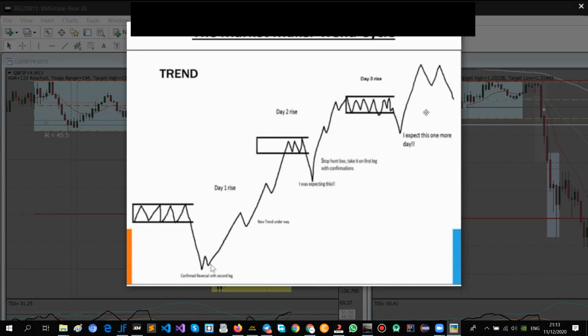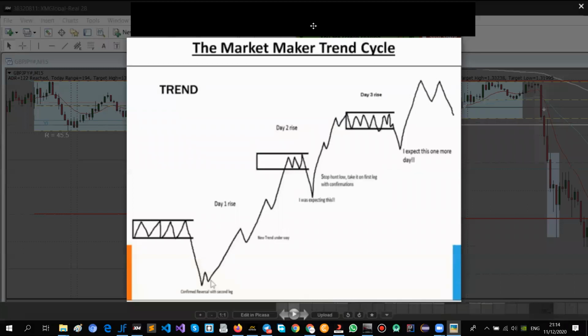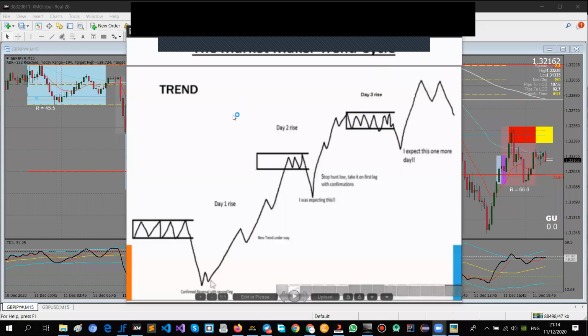So as you can see, we have the market maker cycle right here. You can see week beginning Monday.